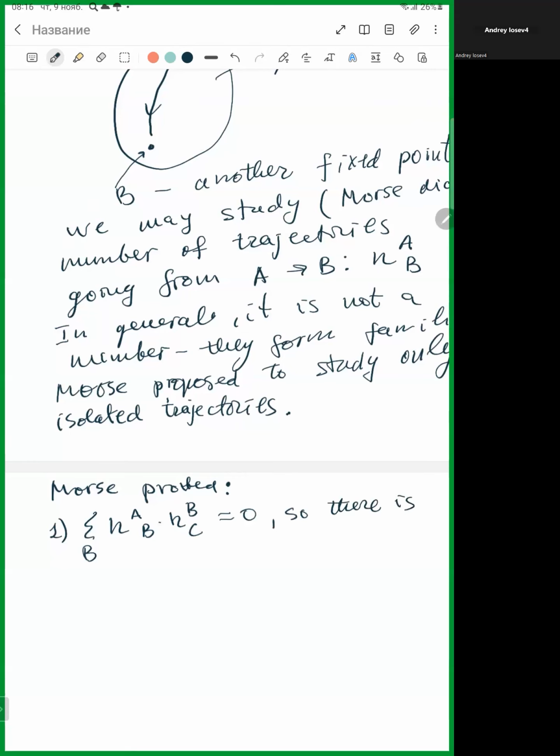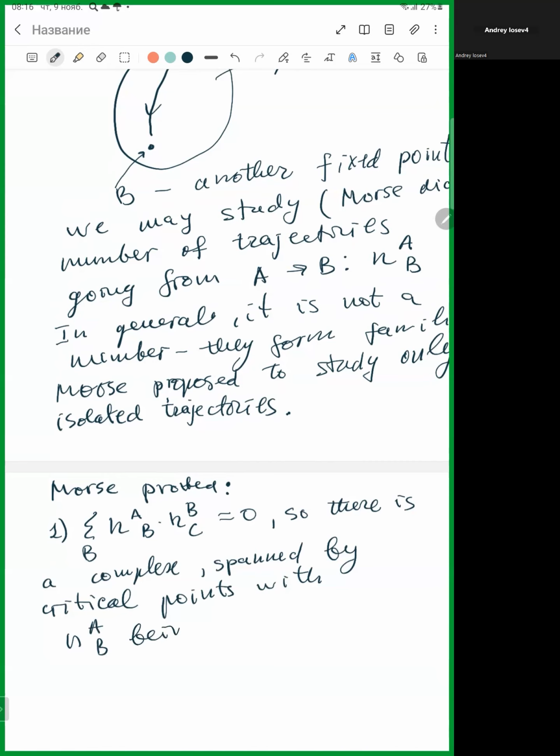So there is a complex spanned by critical points with NAB being a differential.